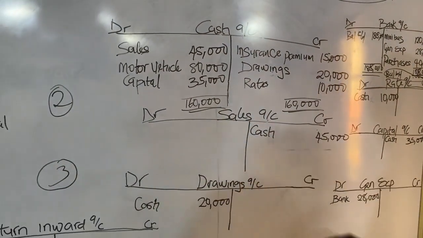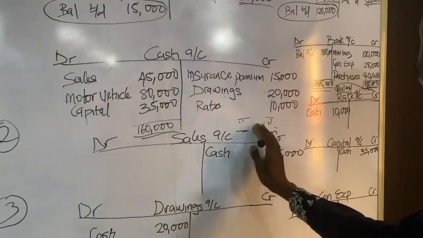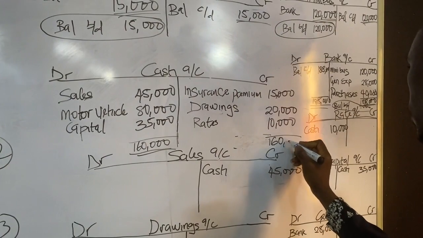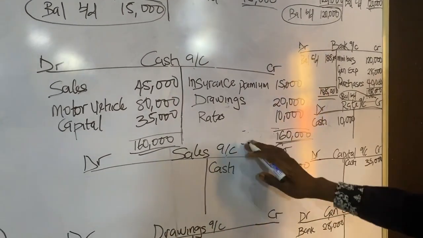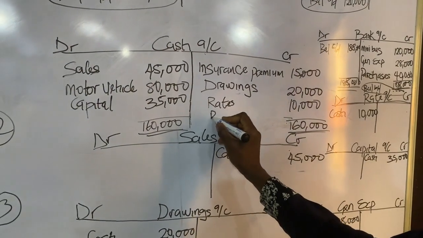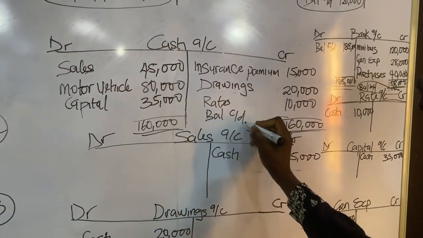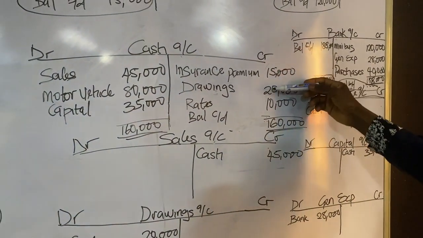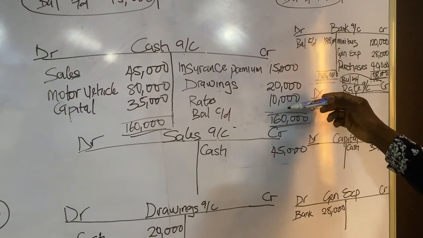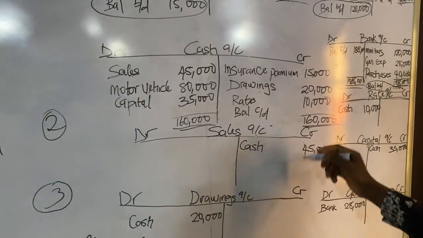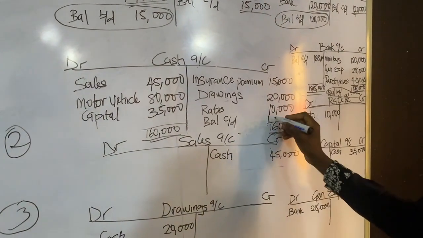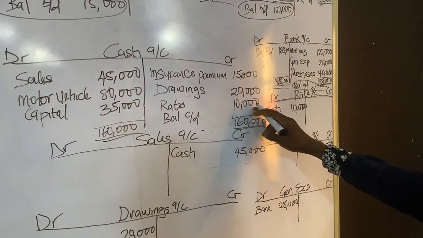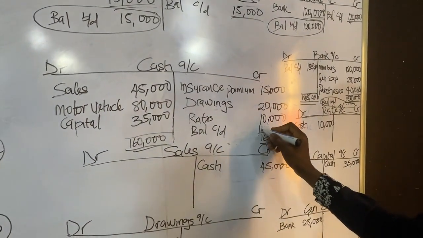I need to shift it to under this place, 160. So your balance carried down will be the difference between this 160 and this total. So 160 minus 45, we will be having 115.